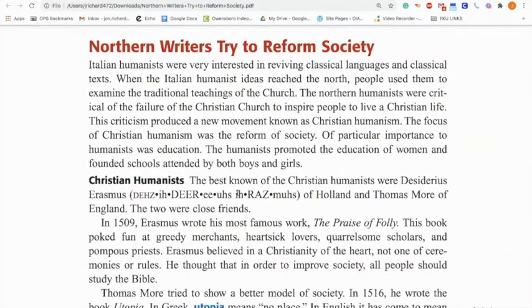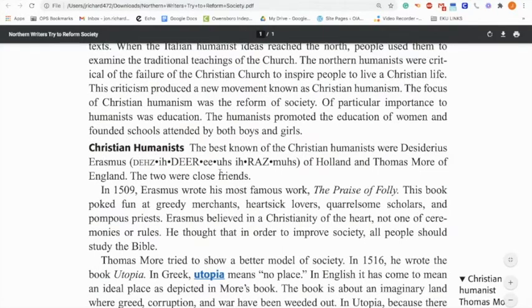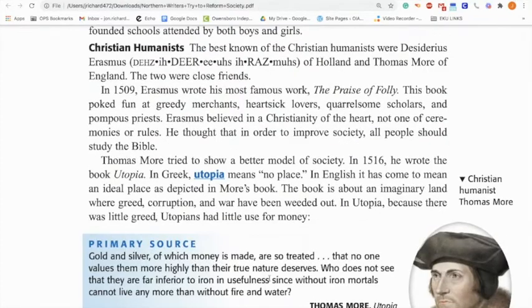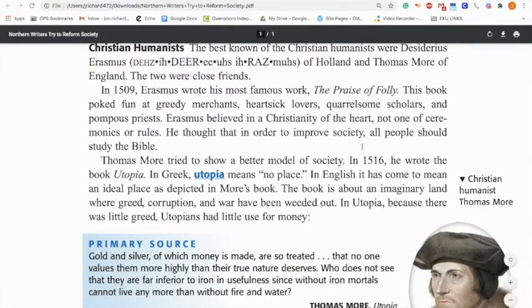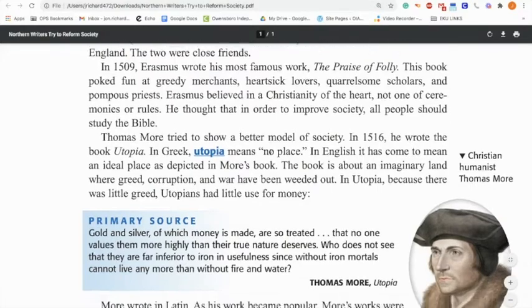So really, three big ones is the challenge to the church, that learning should be not in only the hands of priests, but should be in the hands of all the people. This challenge to society to be less greedy and to reach out to be more learned.